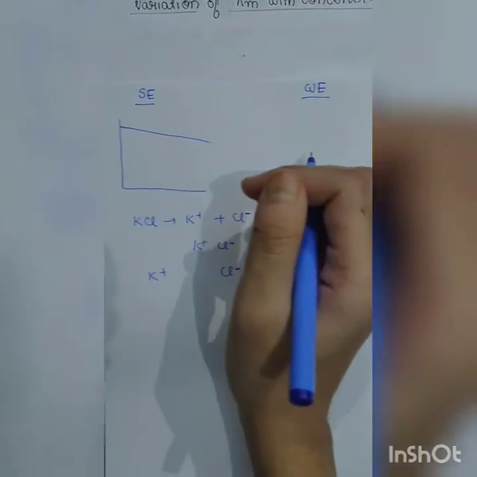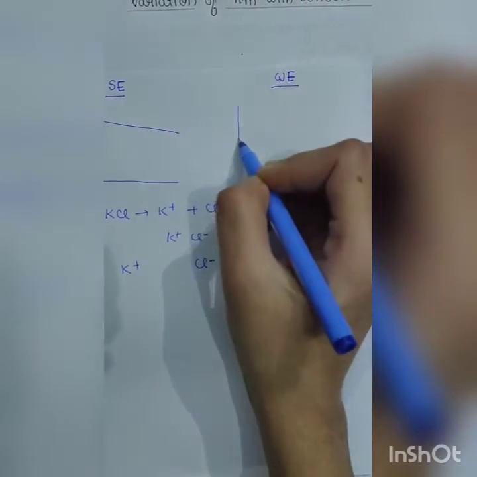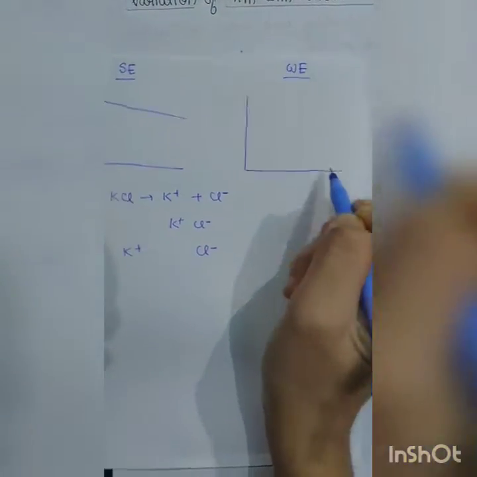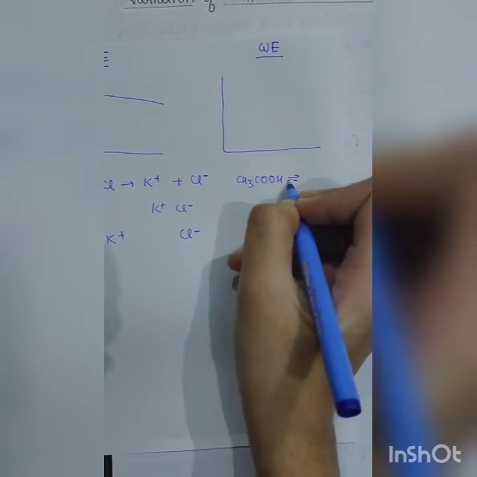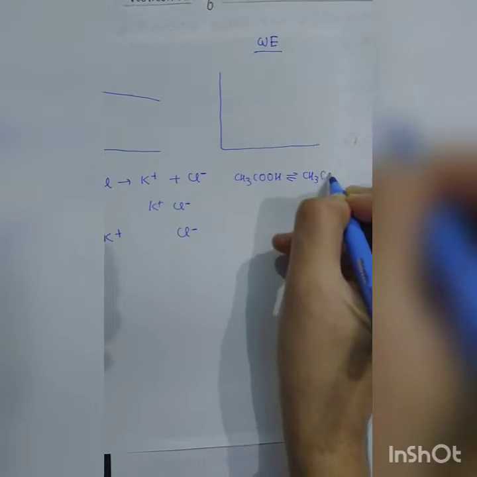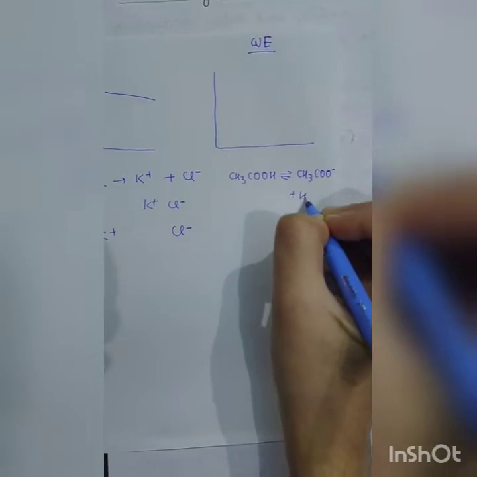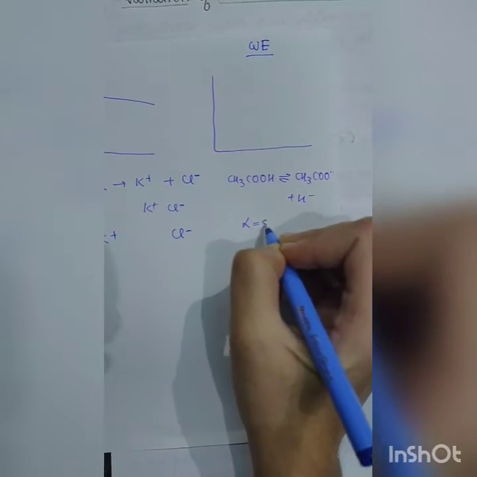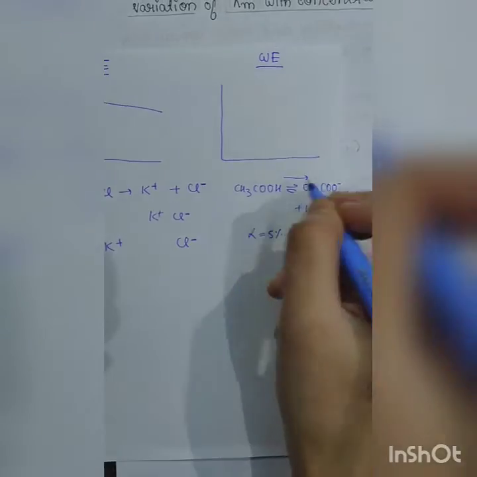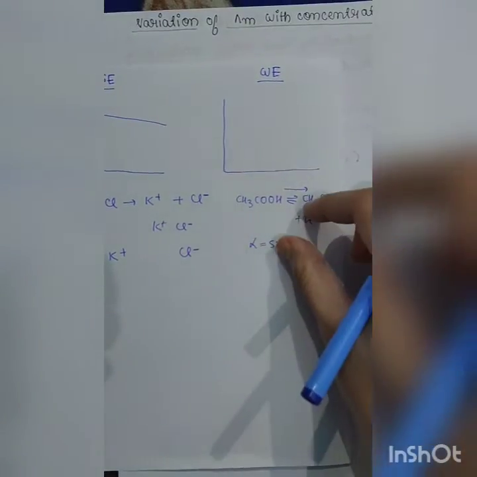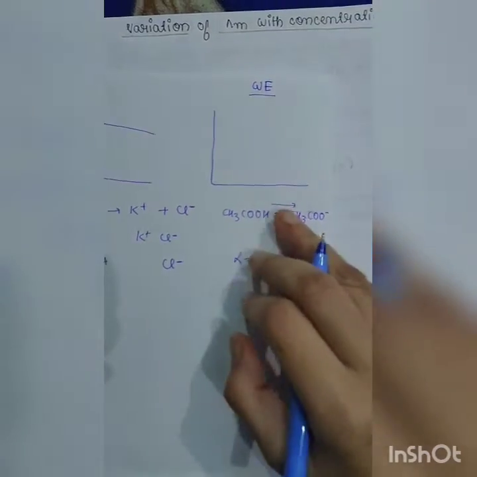In case of weak electrolytes, they are not completely ionized or dissociated. For example, acetic acid is ionized less than 5%; alpha is less than or equal to 5%. Now when we are adding water, it will become more dissociated, so the number of ions is increasing. As the number of ions increases, molar conductivity will be more.